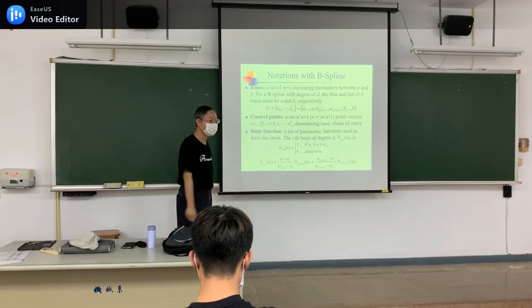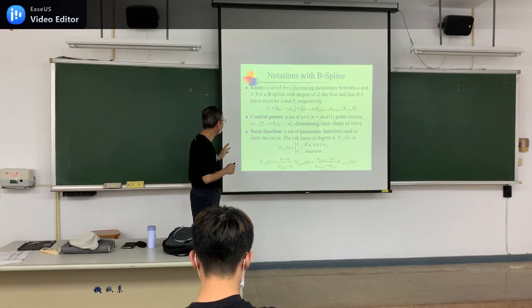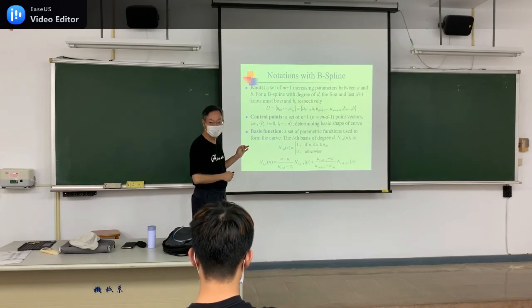One is n, related to the control points. One is m, related to the knots. One is d, related to the basis function. So you have m, n, and d.